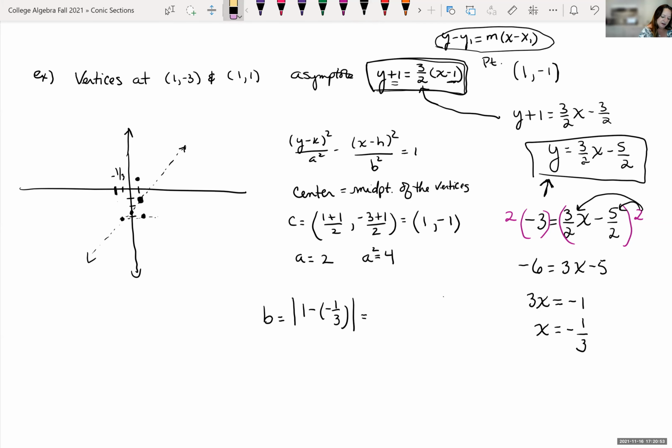So if we do that, we get that this is 1 plus 1/3 or 4/3. Let's leave it as a fraction, as 4/3. That tells me that b squared then is 16/9.